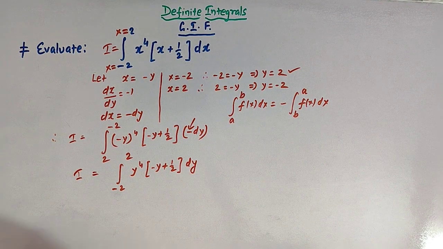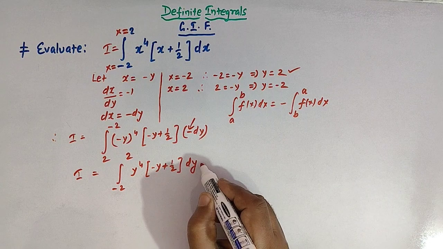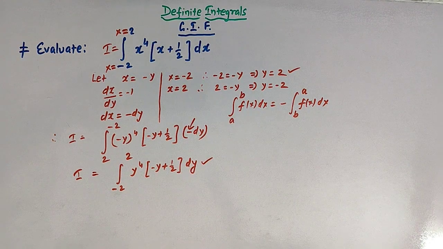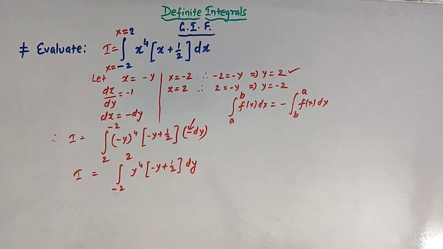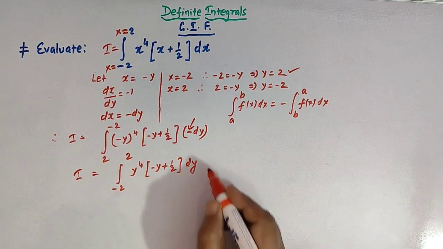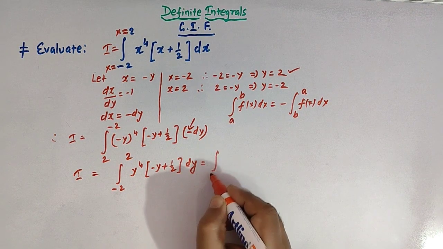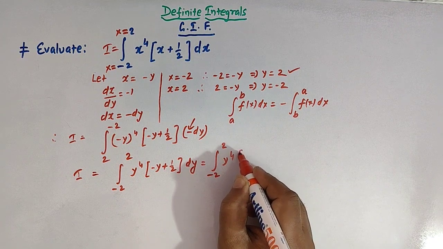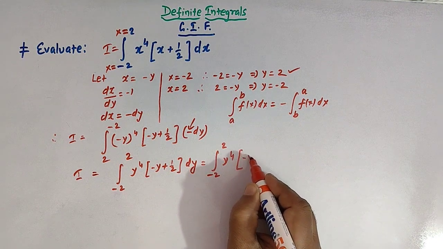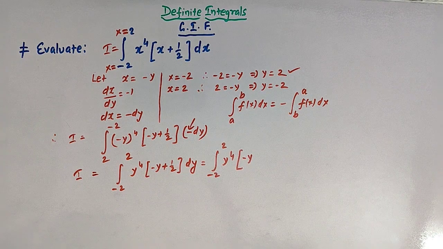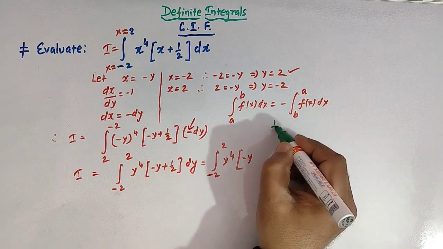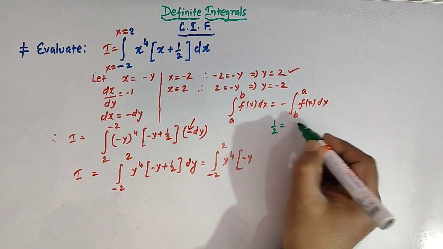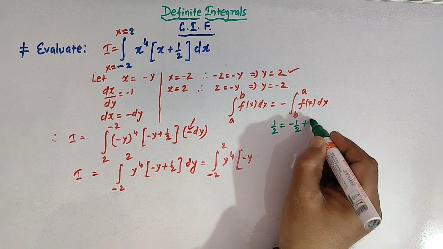So the first step is to get this integral. Now let us rewrite it as the integral from minus 2 to 2 of y raised to 4, and here we have minus y, and the number half. Half can be written as minus half plus 1.